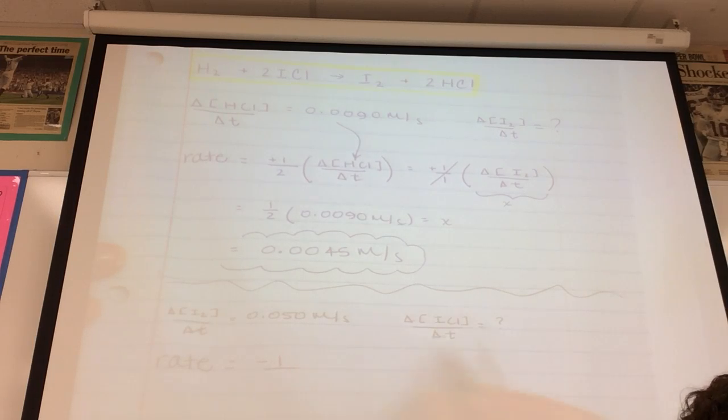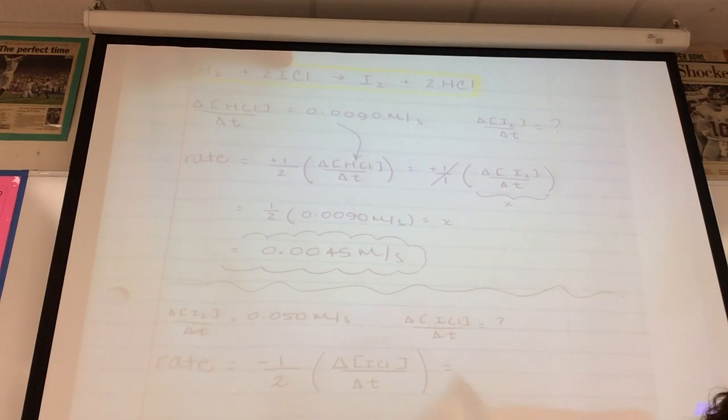Okay, so go with the reactant right here. And then it would be the delta concentration of hydrogen chloride, and what's going right here? 2. Good. Concentration of iodine over delta T. Good. And then equals positive 1 over 1. And then the same. That's fine.